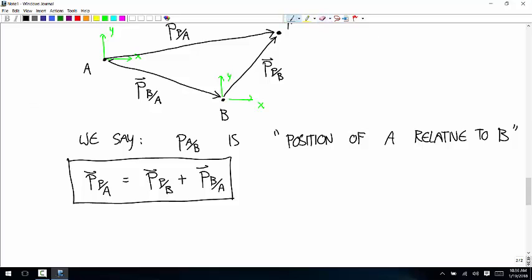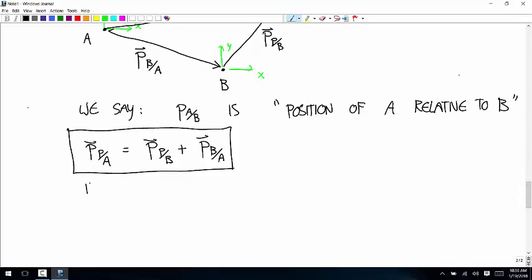And then if you just take time derivatives of both sides of this equation, those give you identical velocity and acceleration versions.